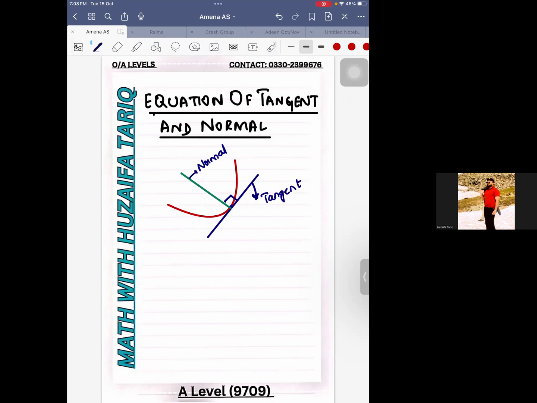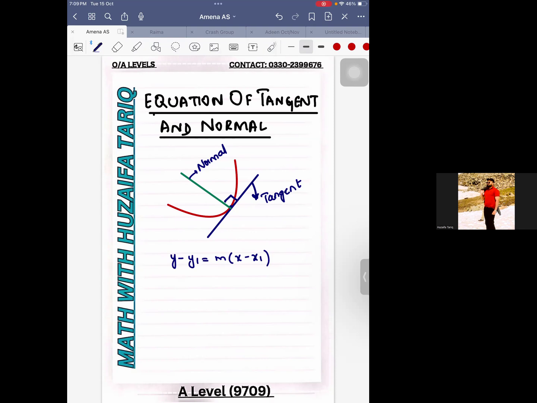So now if we talk about the equation of a tangent, we know that we have the formula y equals mx plus c, or we can find the equation by using the formula y minus y1 equals m into x minus x1, right?